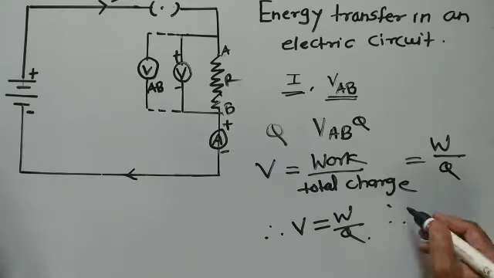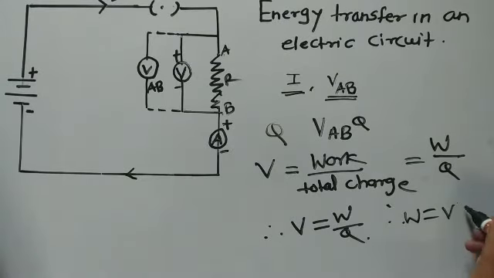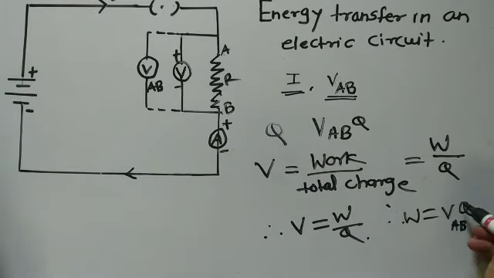Rearranging the equation, we get W is equal to V into Q, that is VAB into Q.